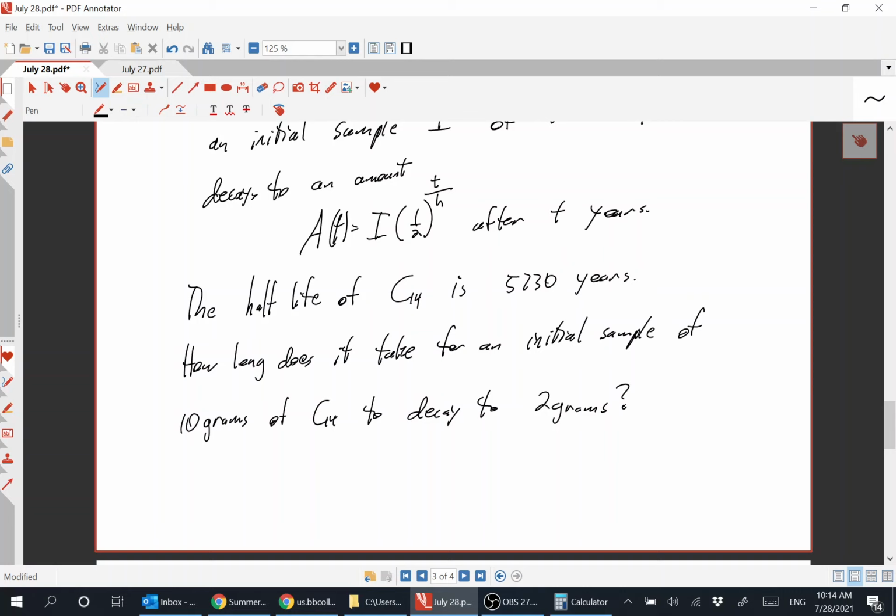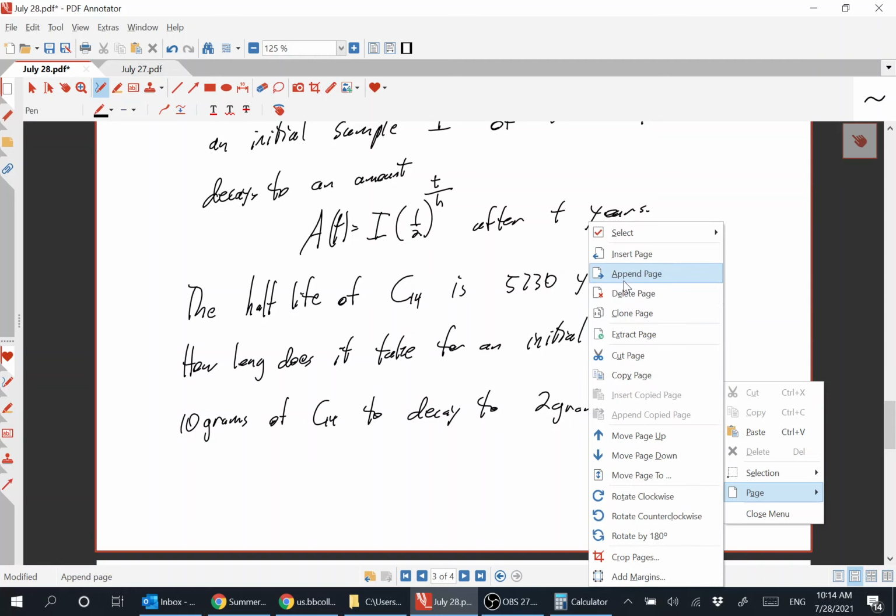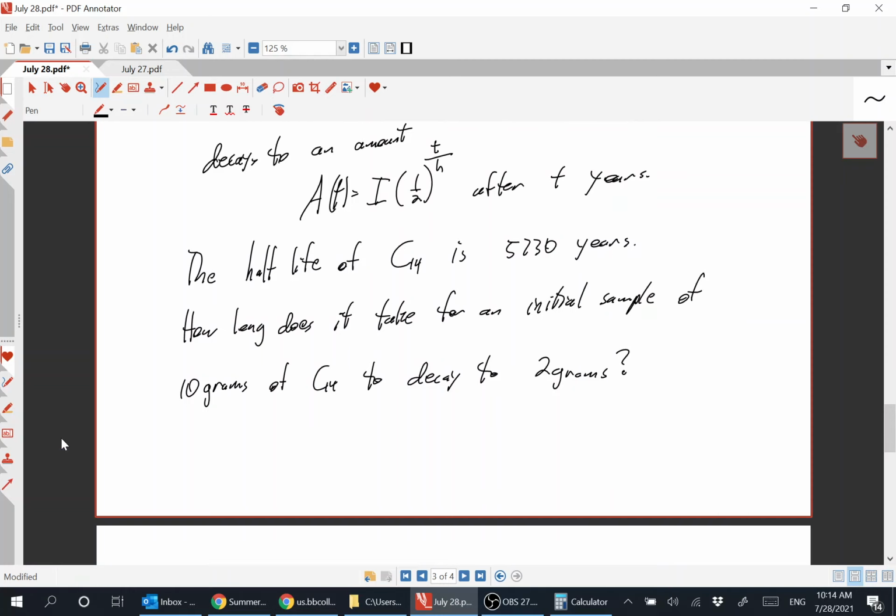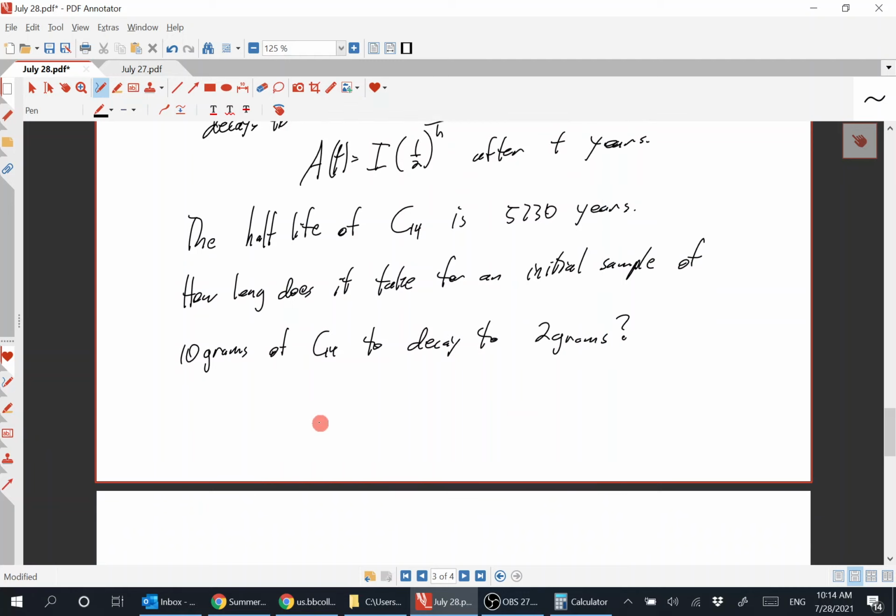All right, so we start with 10. We want to decay to 2. How many years go by in decaying that much? So you have the half-life formulation here. The amount that's left after t years is the initial amount, which is 10 grams, times 1/2 to the t over 5,730.